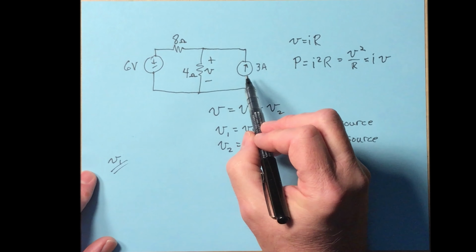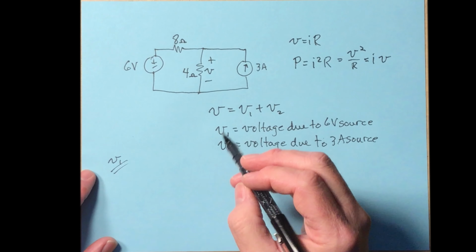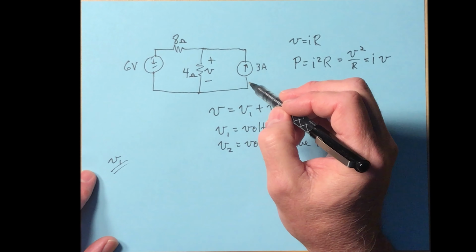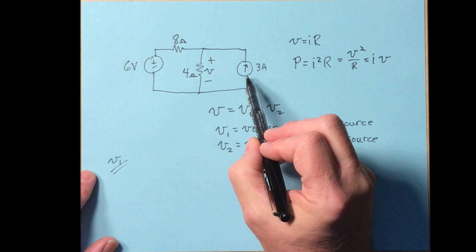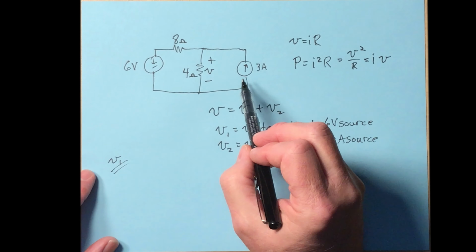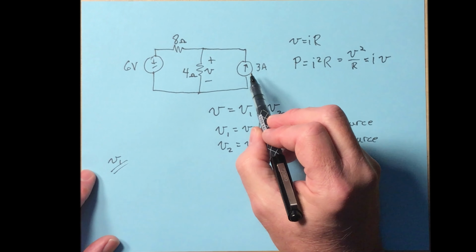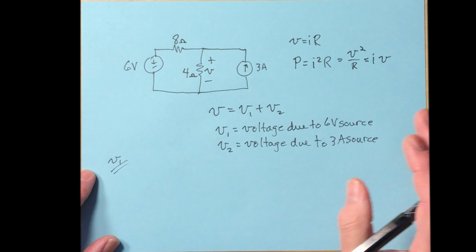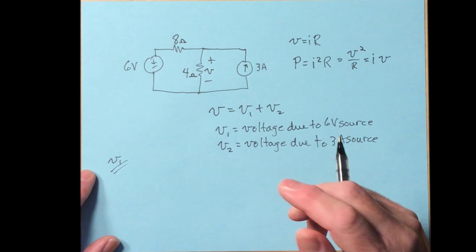All right, we need to turn off the 3 amp source and find V1 at that point. Now, the way you turn off a current source is different from a voltage source. You do not disable them in exactly the same way. To disable a current source, you literally remove it from the circuit. So you leave a hole there where it was.